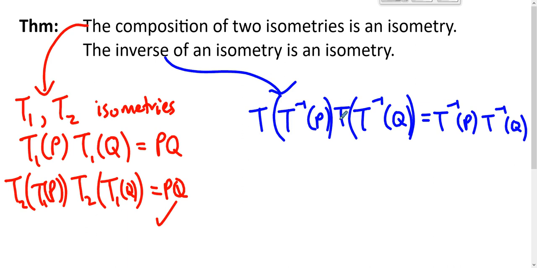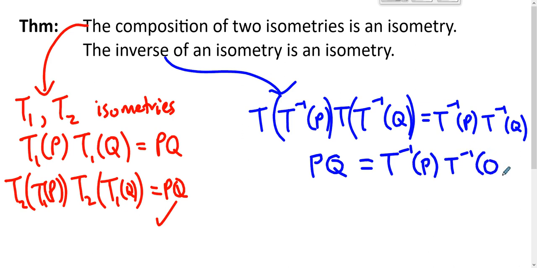If I do an isometry to both of those points, which must exist in the plane, the answer I get out is the same distance between the original points, but T of T inverse of P, that's just P, and T of T inverse of Q, that's just Q. And so this is the result that we wanted. The inverse of the isometry takes those points to points that are that far apart, and we've got it.